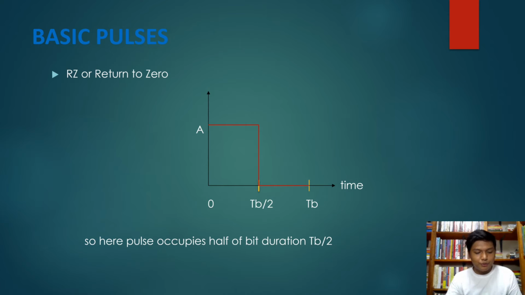So for half the bit duration the amplitude remains A, and for the other half the amplitude returns to 0. Return to zero occupies only half of the bit duration, TB over 2.